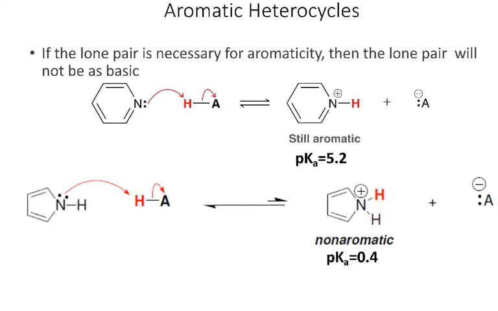And so you can see this compound is quite a bit less acidic than this one based on their pKa values, right? And the reason is, in this compound, the lone pair is not involved in the aromatic ring. And so it can accept that hydrogen and still be aromatic. Right? In this case, the lone pair is involved in the aromatic ring. It's needed for aromaticity. And so when it accepts that hydrogen, those electrons are no longer in an unhybridized p orbital.